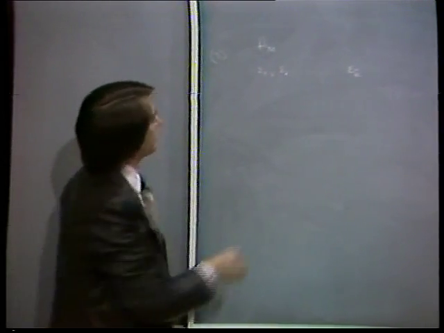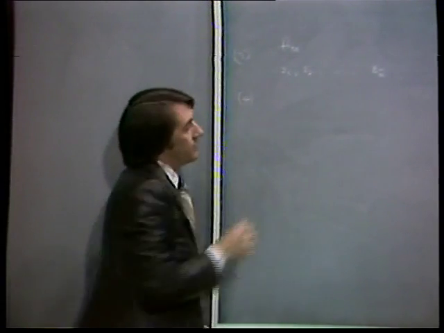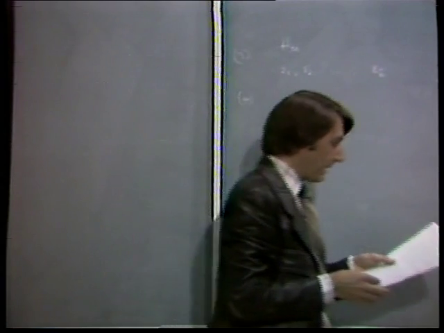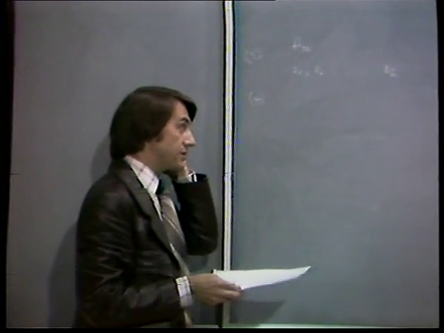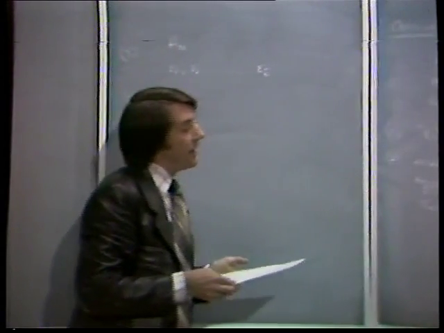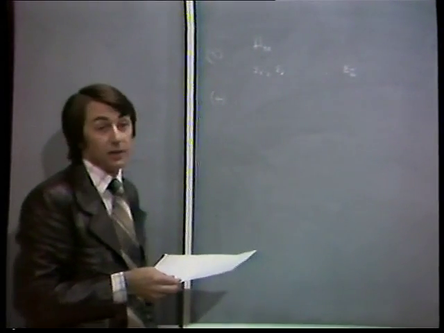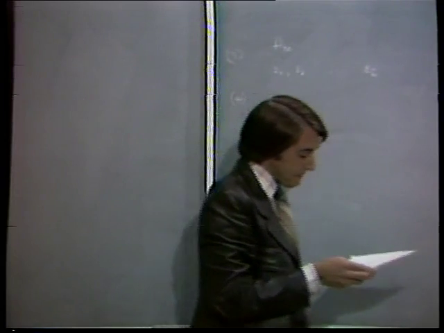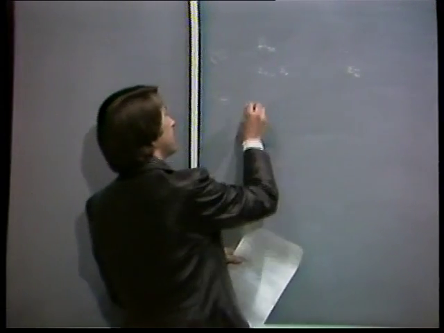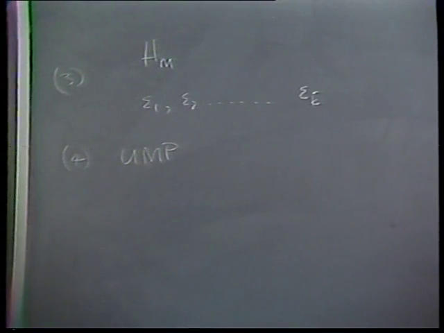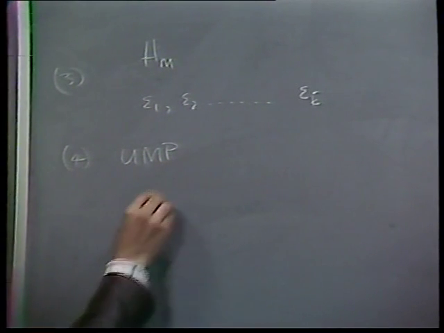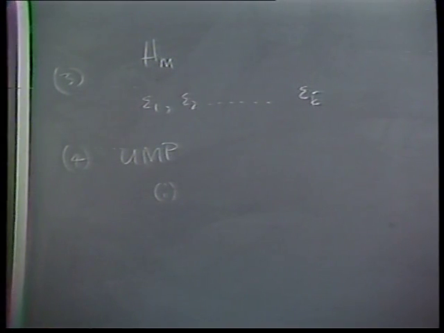Call that point 3. Point 4 now concerns specifically the uniformly most powerful property of the procedure and an intuitive discussion as to how that comes about. And in fact, the property of the procedure comes about because of a number of characteristics that the procedure has.